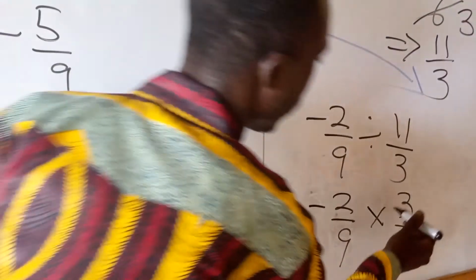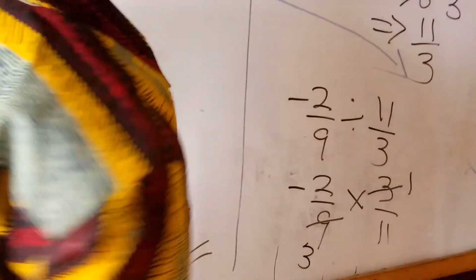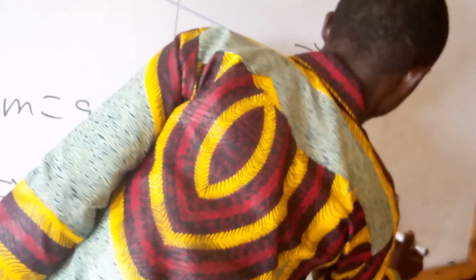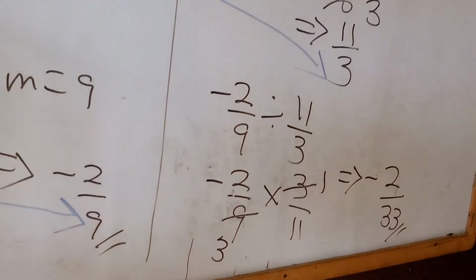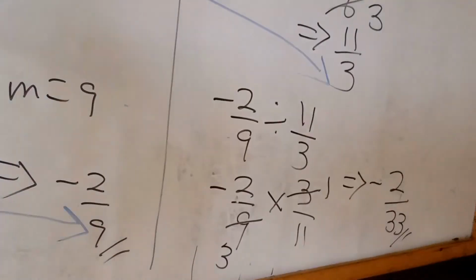Multiplication. 3 goes here 1. 3 goes here what? 3. And 2 times 1, we are getting what? Negative 2/3 times 11, 33. Once we can reduce it to its lowest term, this is our final answer.